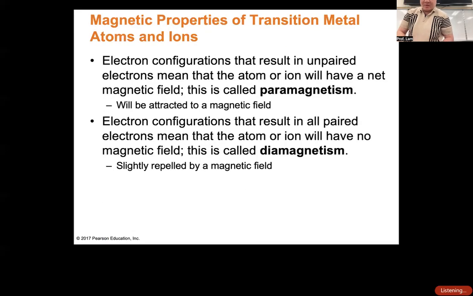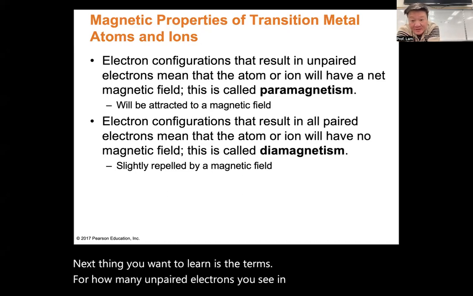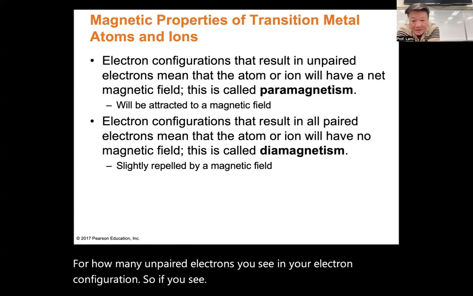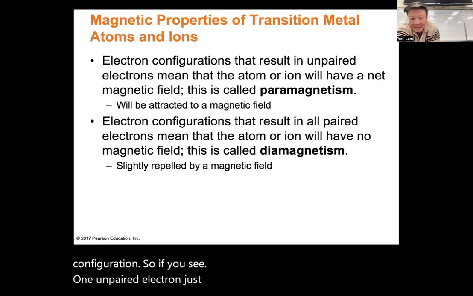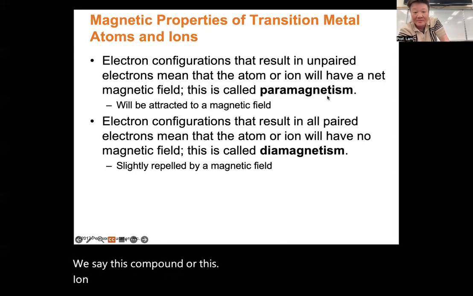Okay, so the next thing you want to learn is the terms for how many unpaired electrons you see in your electron configuration. If you see unpaired electrons, then we say this compound or this ion is paramagnetic.